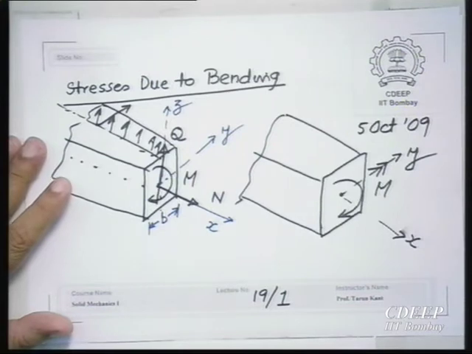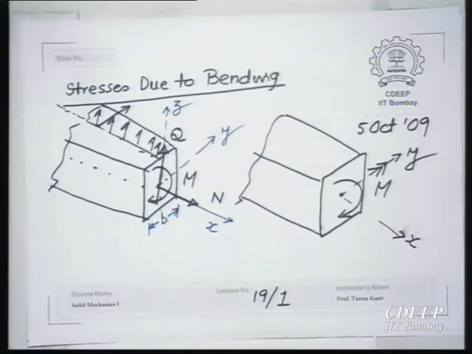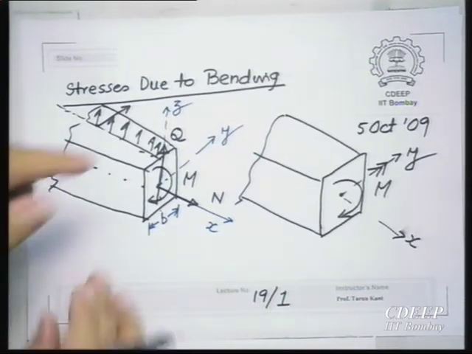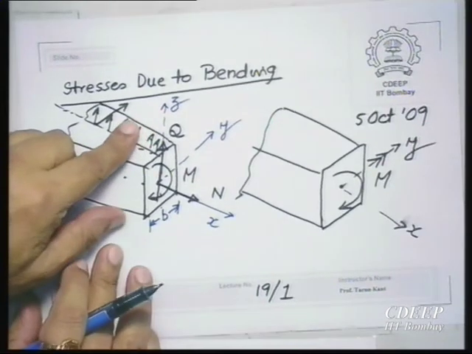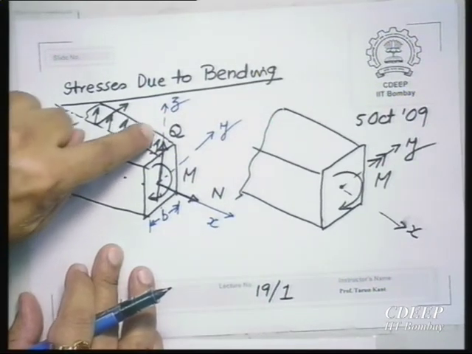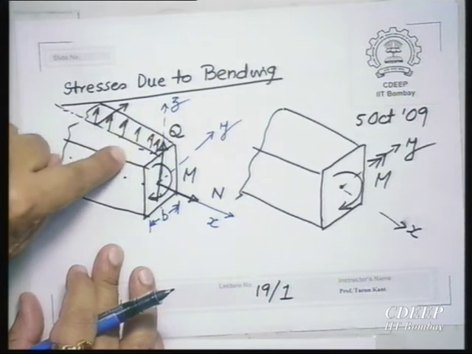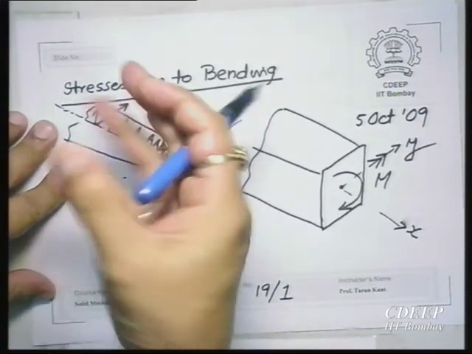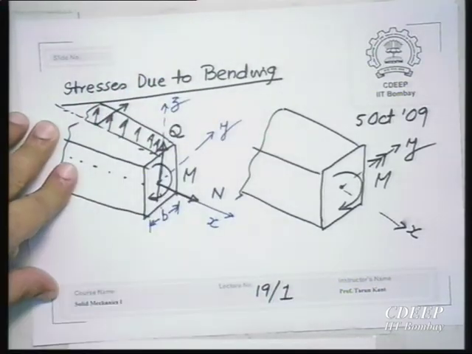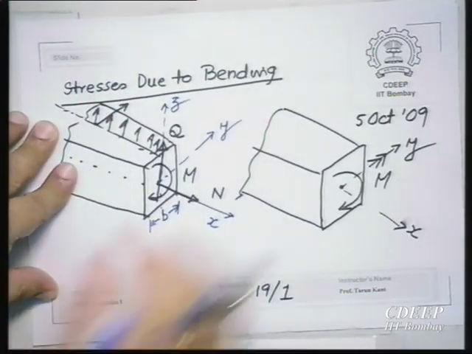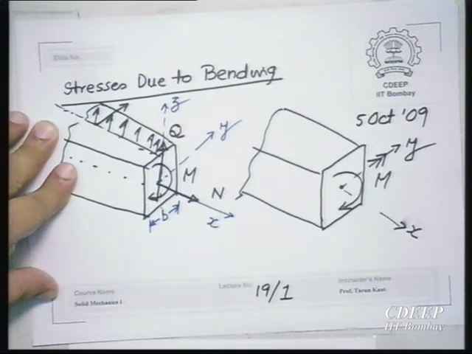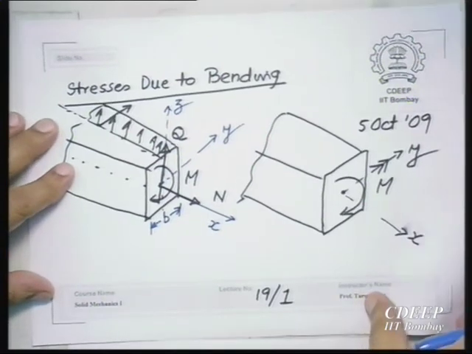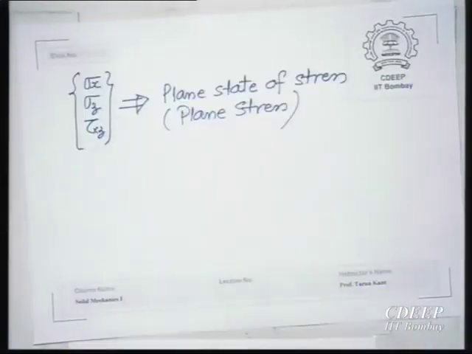So, because we do not want torsion to come in the picture, either we say that all the loading is in the plane of symmetry, or if it is a rectangular cross section, then the loading is same along the width, so that there is no torsion, there is no twist about x axis. Is it okay? And this B is small, so it is called narrow beam. Beam means narrow beam.